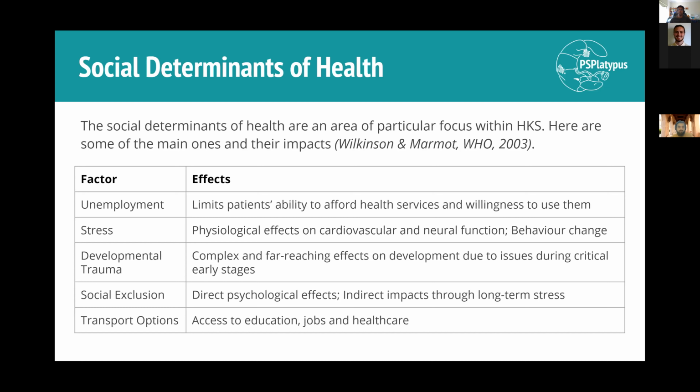And these can have, again, direct and indirect effects. So your psychological health, remember, we're thinking about health not only as biological, but also psychological. Your psychological health is going to be affected immediately. And you can also have, again, long-term stress elevation, and that can lead to physiological changes, which will eventually turn up at your door as a doctor.